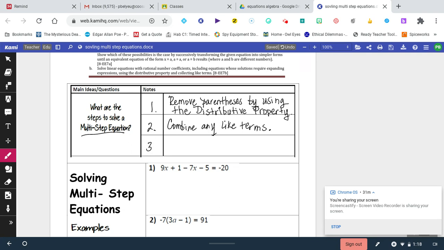All right, and then what you're going to do is solve, because basically you'll probably have it down to a two-step equation, okay? How do you solve an equation? By using, let me write that a little better.